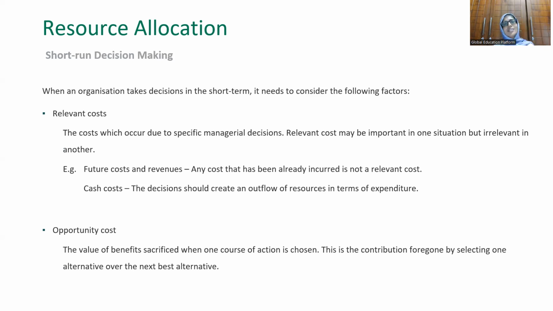If you look at the situation, the airline needs to consider the relevant costs related to making the decision about the ticket price. What are the things they need to consider? Almost all the costs related to adding an extra passenger have already been incurred, correct?